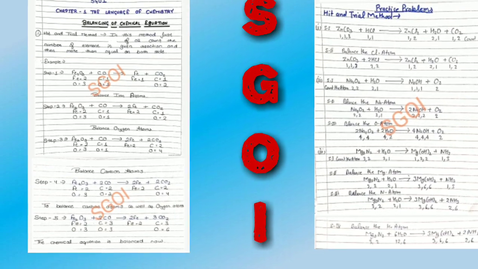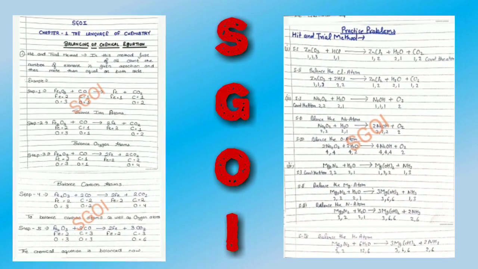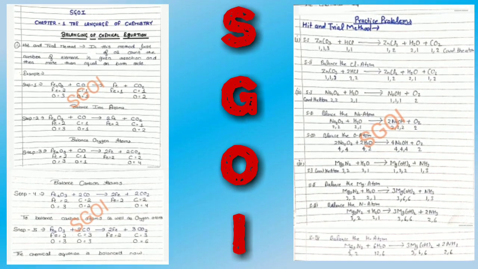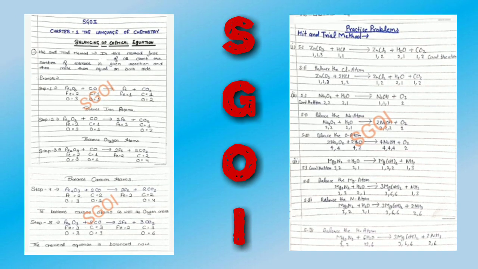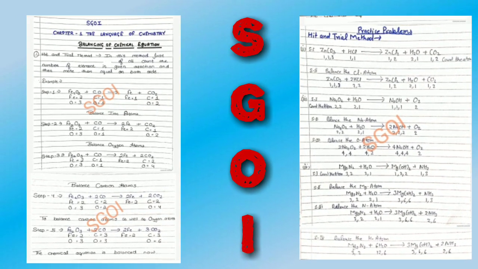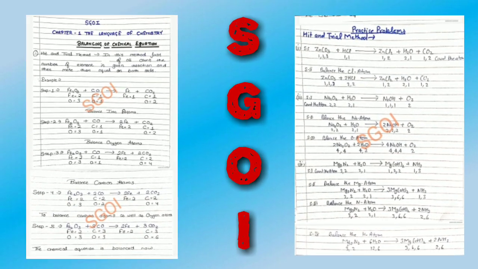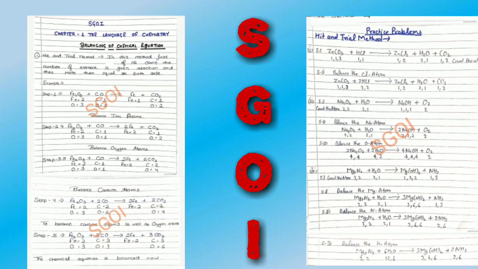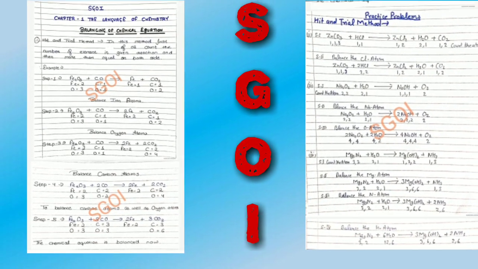Now in the third step, balance the next atom, nitrogen. So multiply by 2 in NH3. So nitrogen is also balanced. Okay. Now in the fourth step, balance the hydrogen atom. So what can I do? Multiply 6 in H2O.